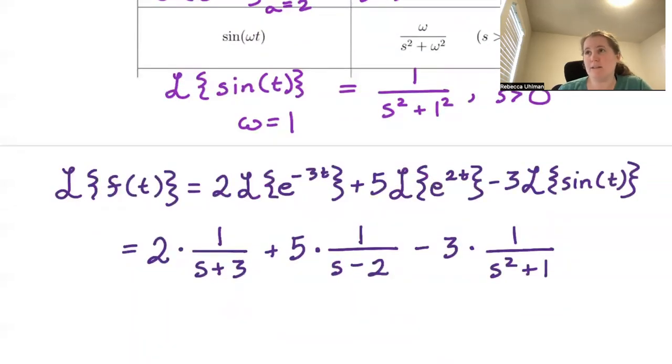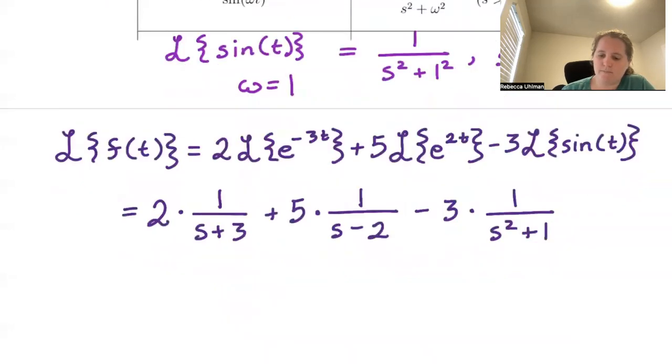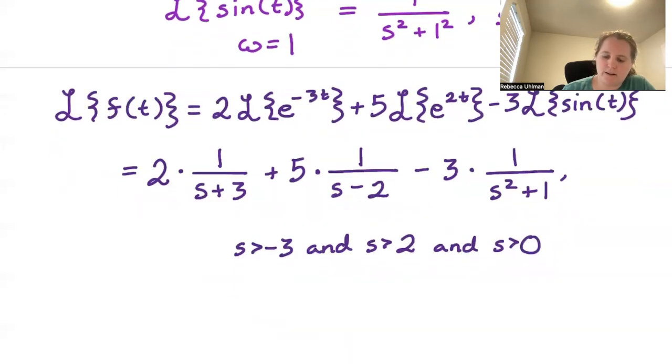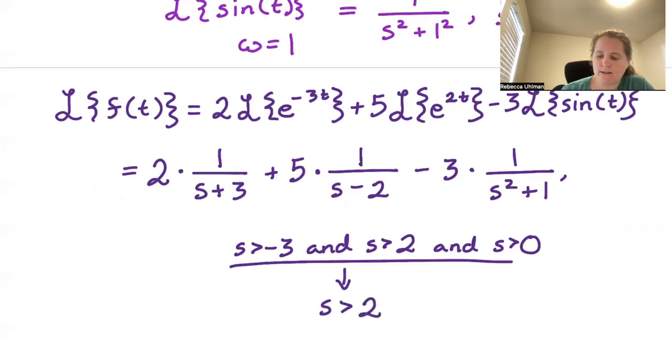We need s greater than 0, s greater than 2, and s greater than negative 3. And so this we can condense down to just s greater than 2, since that satisfies all of them.